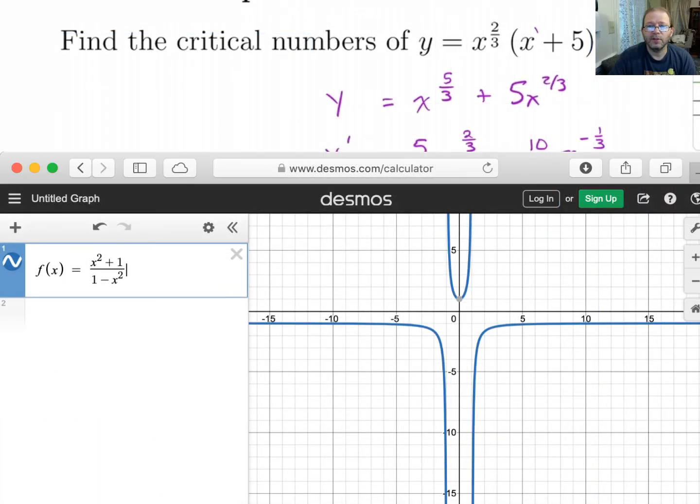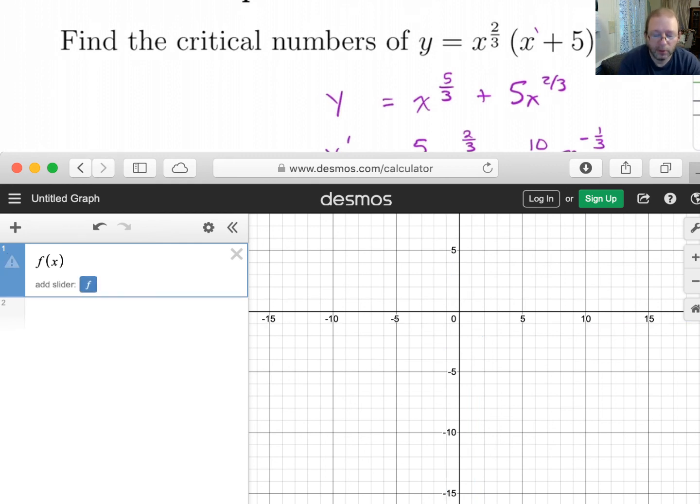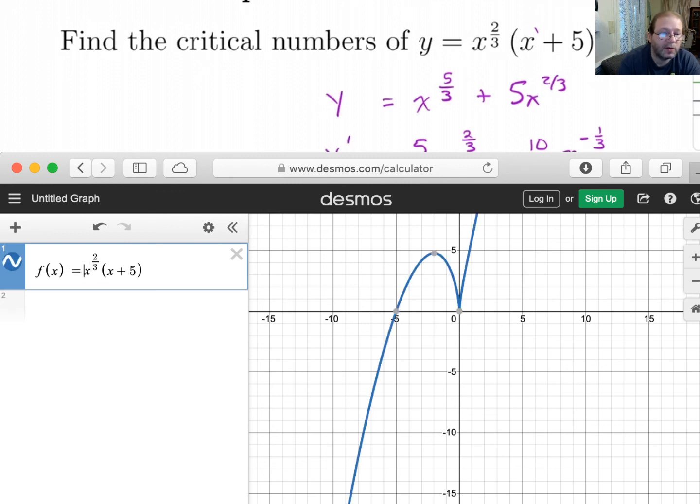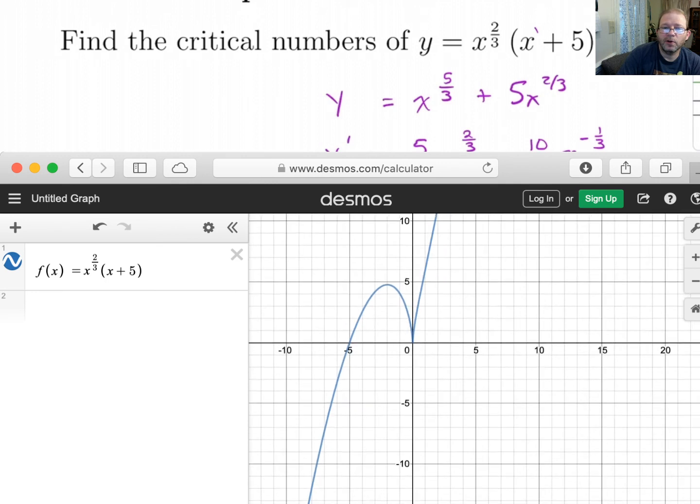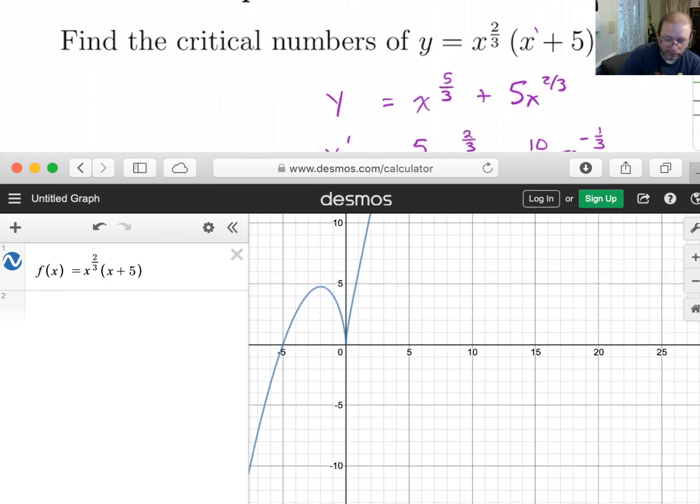So the function we're looking at here is x to the 2/3 times x plus 5. Put my equal in there. And notice what's going on here. We've got two critical numbers.